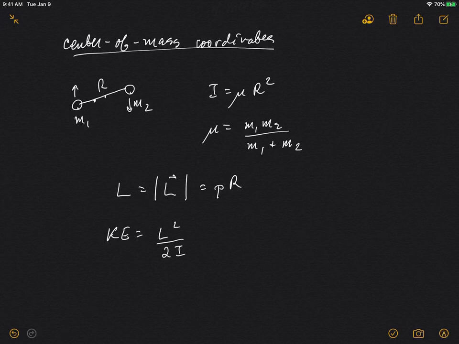And you can see that if L is defined as PR, and I is mu r squared, or mr squared in the case of a single particle rotating about a fixed point, when you rearrange you'll get p squared over 2m, which we know is the kinetic energy of rotation.